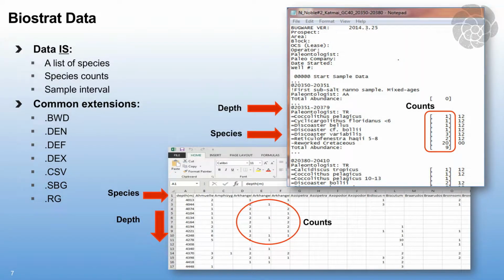Biostrat data might look a little different if you're not familiar with it. It can look typical from just an Excel spreadsheet with your depths down the side, your species across the top, and your counts in between. More typically, it looks something like this, just tabulated data with your sample interval here, the species listed that were observed in that interval, and then your counts on the side.